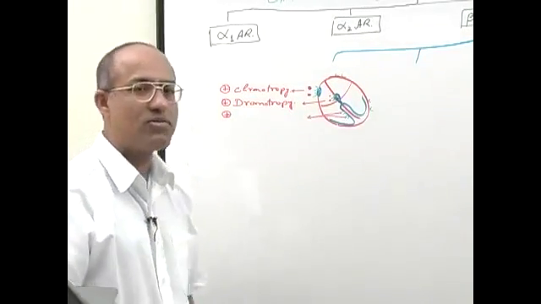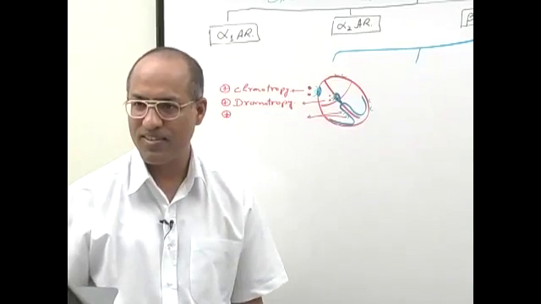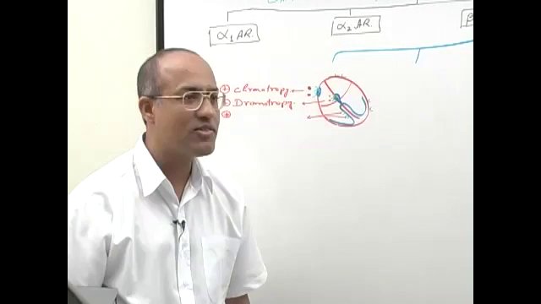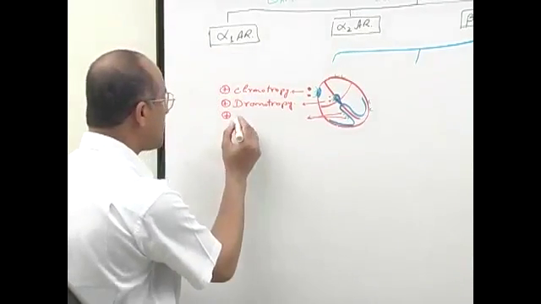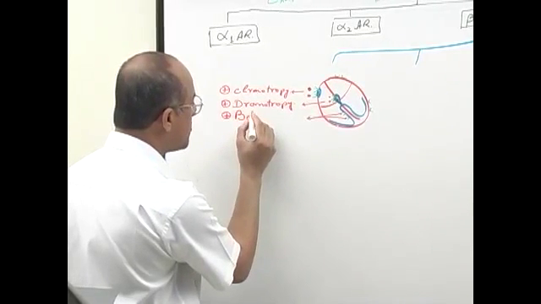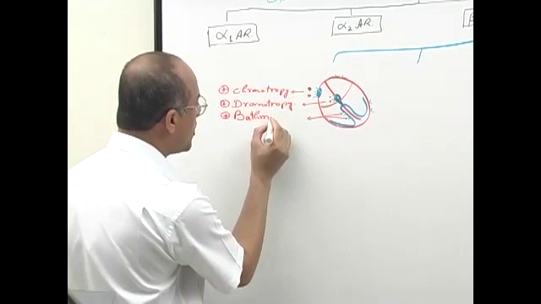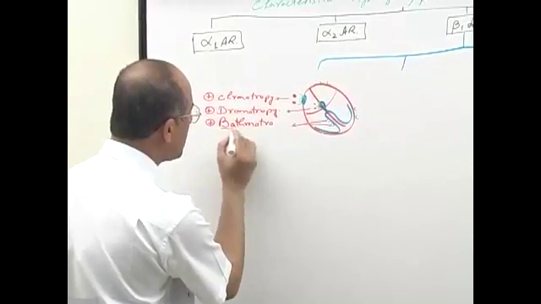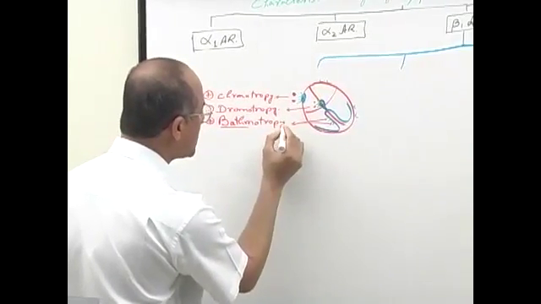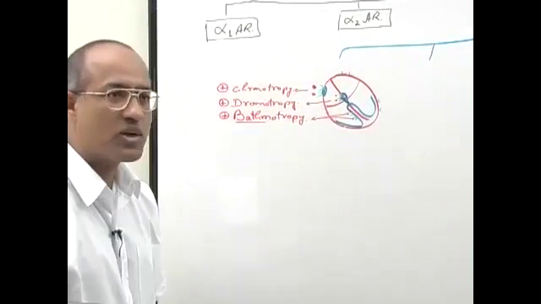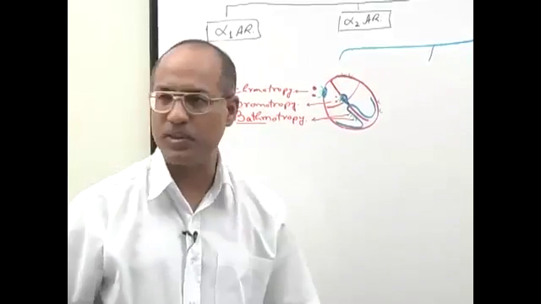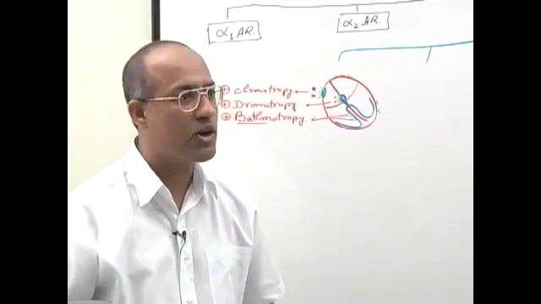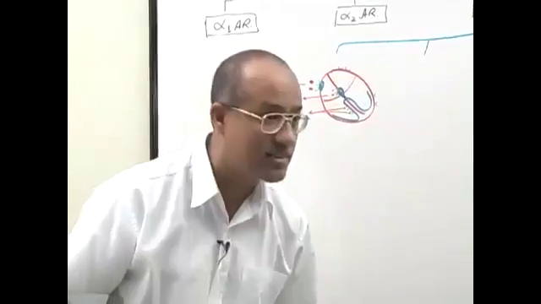Don't tell me positive inotropy. It is positive bathmotropic. Positive bathmotropic. It has nothing to do with bathroom. Bathmotropy. Yes, I must remind, because once I asked a student, what is positive bathmotropy? You say when in the washroom you release a lot of adrenaline and your heart rate becomes fast.